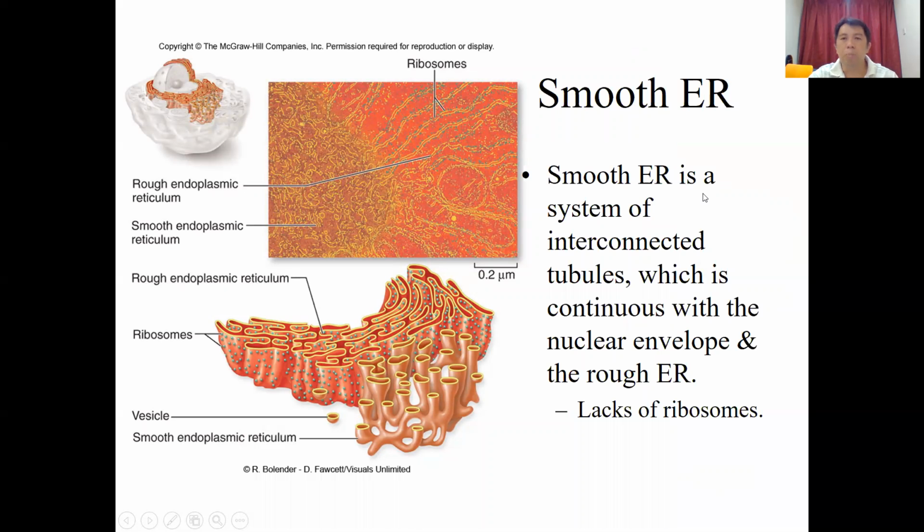Okay, so smooth ER. When we compare to the rough ER, you can see the smooth ER is in the tubular form, not the flattened stack. It's a tubular form, which is continuous with the nuclear envelope and the rough ER as well. Then another difference is the smooth ER lacks ribosomes, compared to the rough ER.